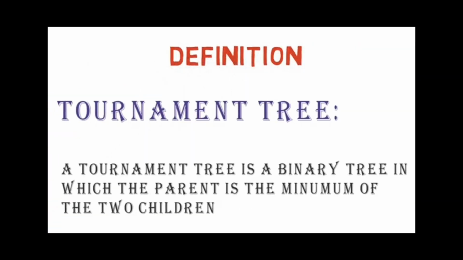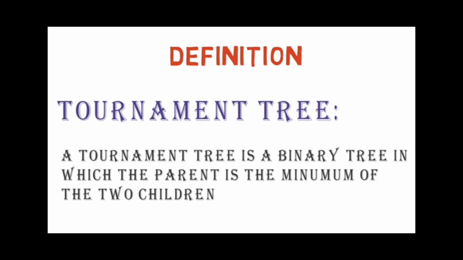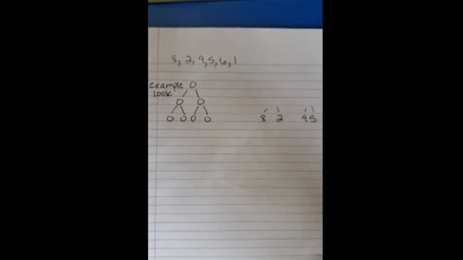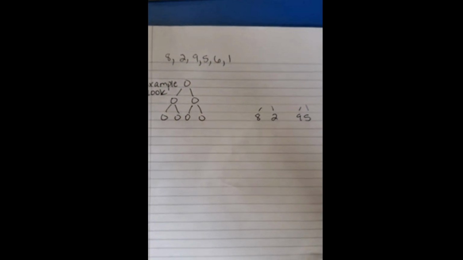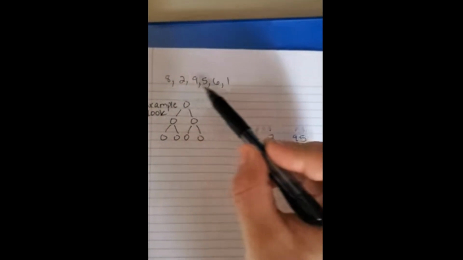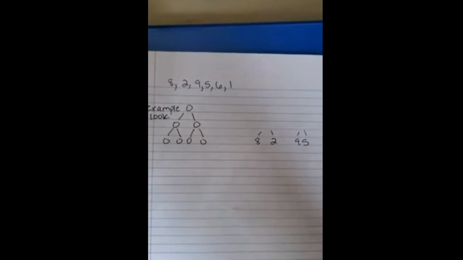19. Tournament sort. Hey guys, just wanted to make a video to explain my tournament sort. It's kind of confusing probably reading it, so hopefully this will help. So we have the data set that he gave us right here.